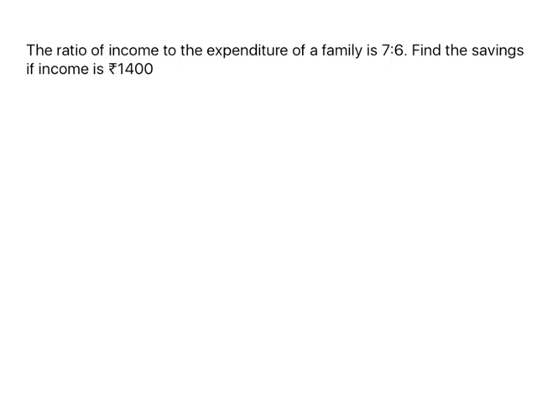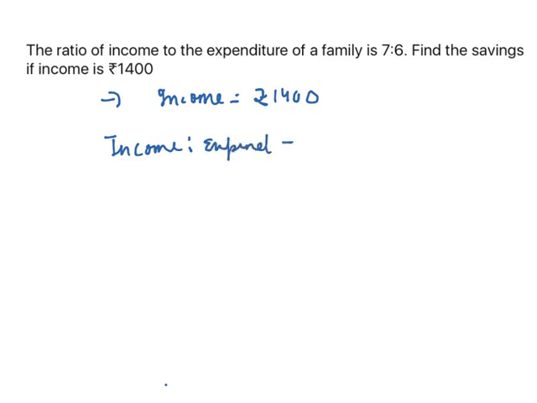First of all, we will see what is given in the question. They have given income, that is rupees 1400, and they have given the ratio of income to expenditure, that means income ratio expenditure is equal to 7:6.